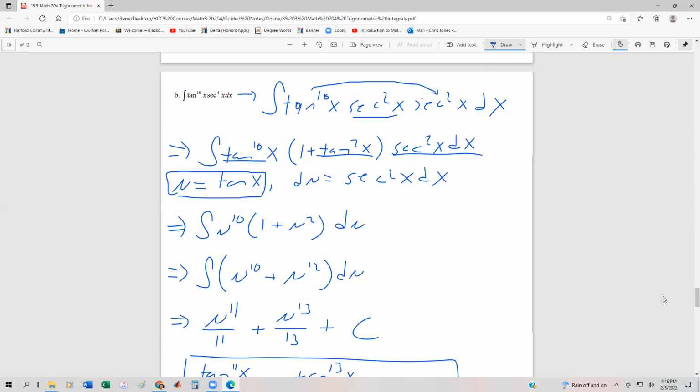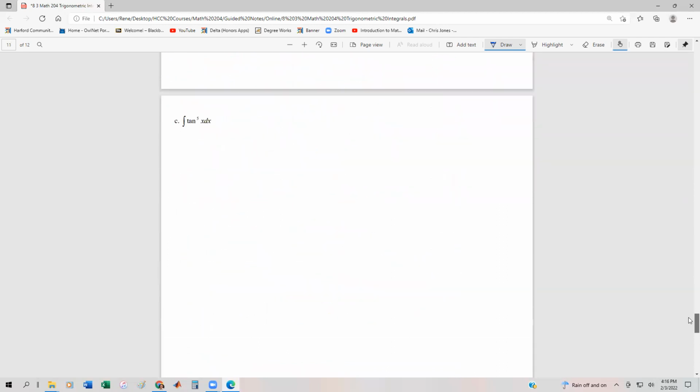Another example, tangent to the 5th of x. This one's a little bit more difficult because we don't have a secant, nor do we have a secant tangent. So we can't break off a sec square, we can't break off a secant tangent. And so what we might want to do is start by breaking off a tangent to get the tangent to the 4th.